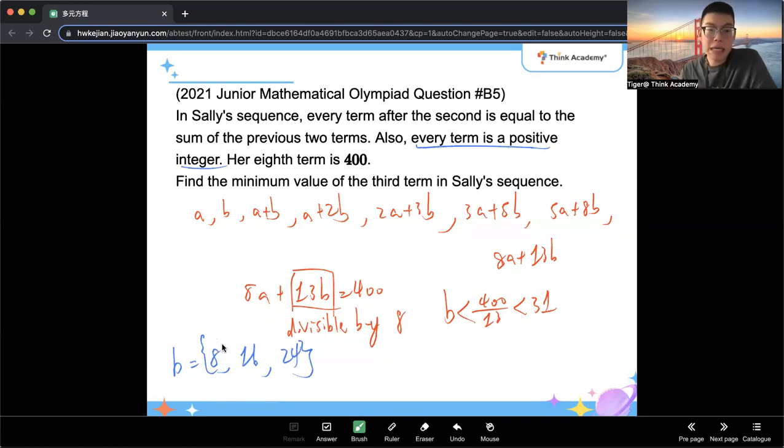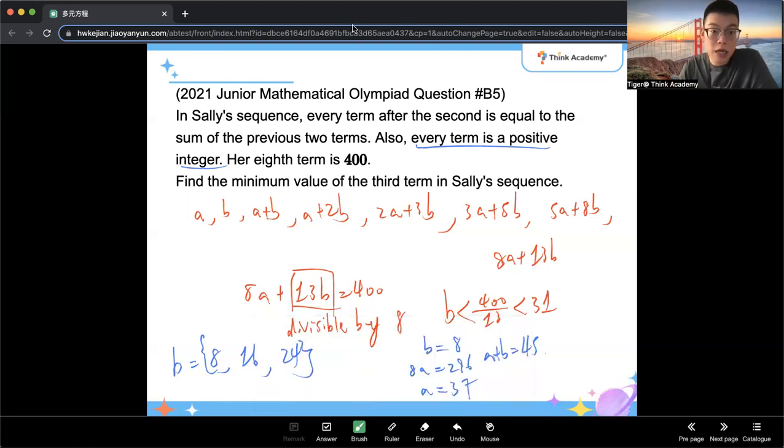So when b is 8, 13 times 8 is going to be 104, which means 8a is 296. So a is going to be 37. So a adding b is 45.